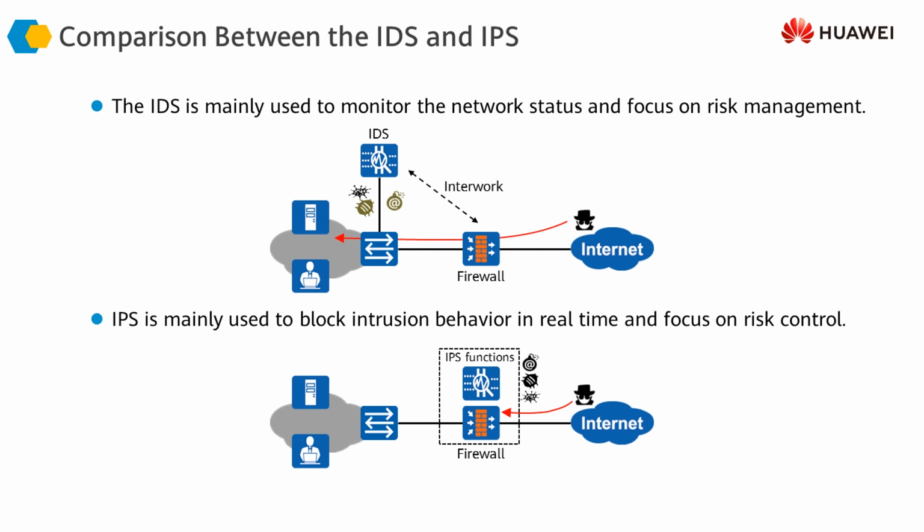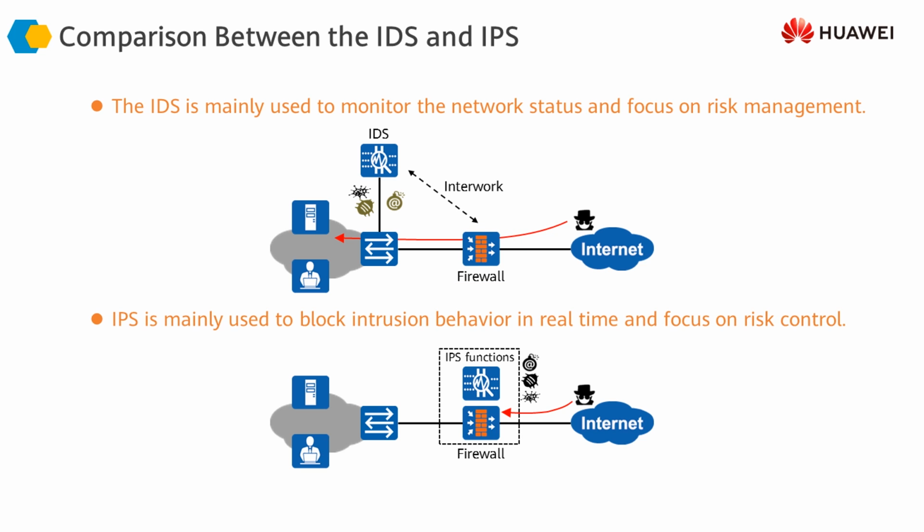If we do a final comparison between IDS and IPS in a single line, we can say that IDS is primarily a risk management technique, where we are only checking the risk and managing the risk by either instructing the firewall to block the traffic or informing the administrator about the attack that is happening.